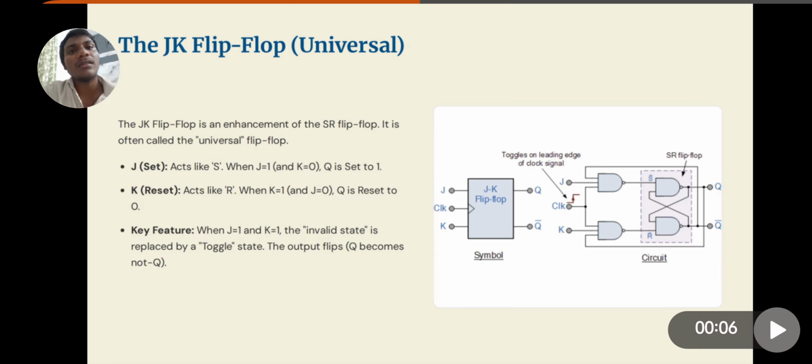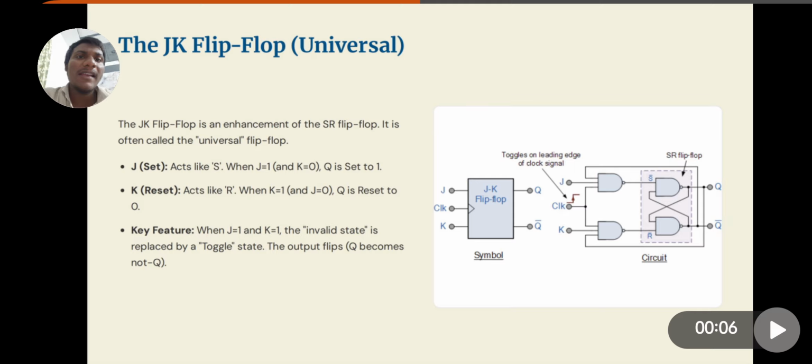J acts as S, and K acts like R. In the SR flip flop, when S equals 1 and R equals 1, that gives an unpredictable value. Here, J equals 1 and K equals 1 is allowed.